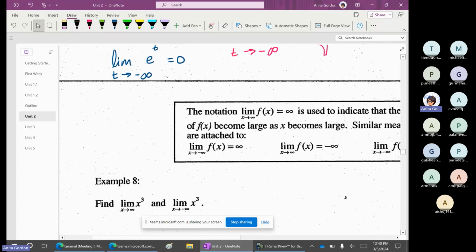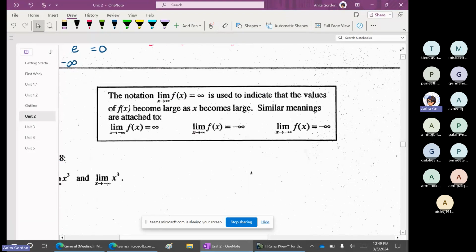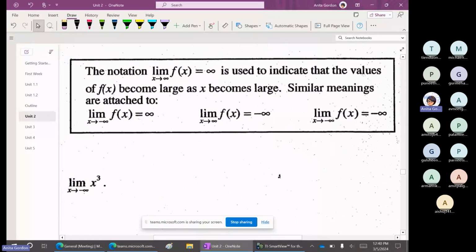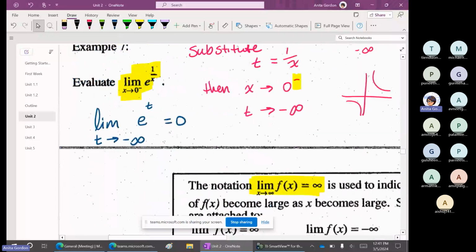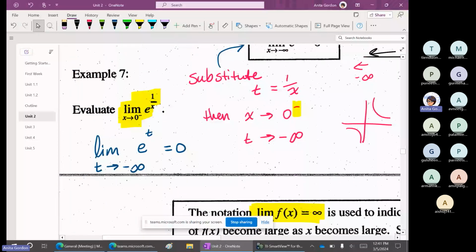Box of information. I evaluated it using substitution.